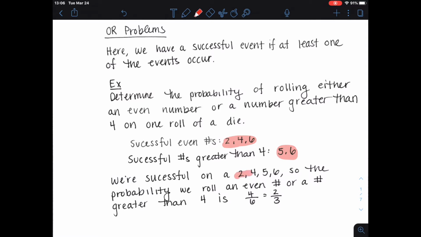So as long as we roll a 2, 4, 5, or 6, we're going to consider ourselves successful. So we have 4 out of 6 chances that we're going to roll an even number or a number greater than 4. Our probability would be 4 out of 6, which simplifies nicely to 2 over 3. So there's a 2/3 probability that we are going to be successful on this event.